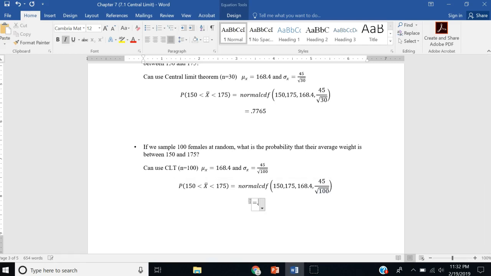When you type that into your calculator, you get 0.9287. So we can use the central limit theorem, and basically it says if we take our original standard deviation divided by the square root of sample size, we can talk about the standard deviation of how the samples will be distributed.